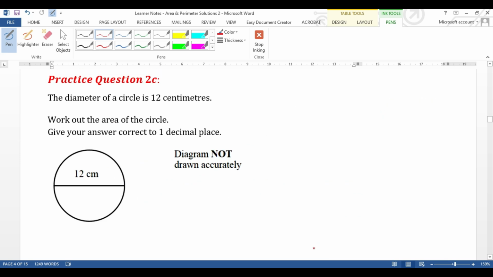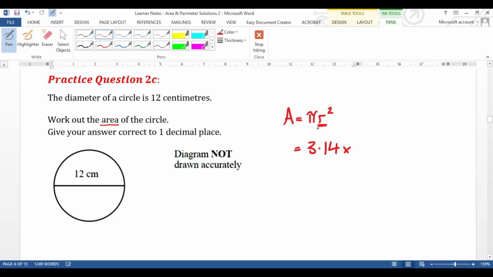Practice question 2c, the diameter of the circle is 12 centimeters. Work out the area of the circle, give your answer correct to 1 decimal place. So because they're talking about area, that will definitely be apple pies R squared. So we're going to use 3.14. They mentioned the diameter, but we need the radius.